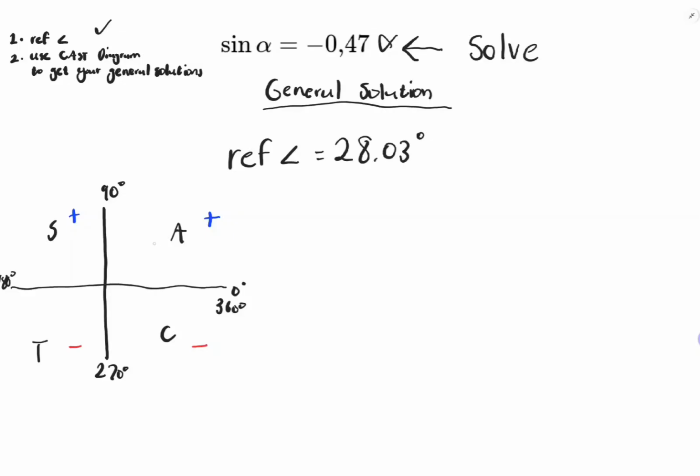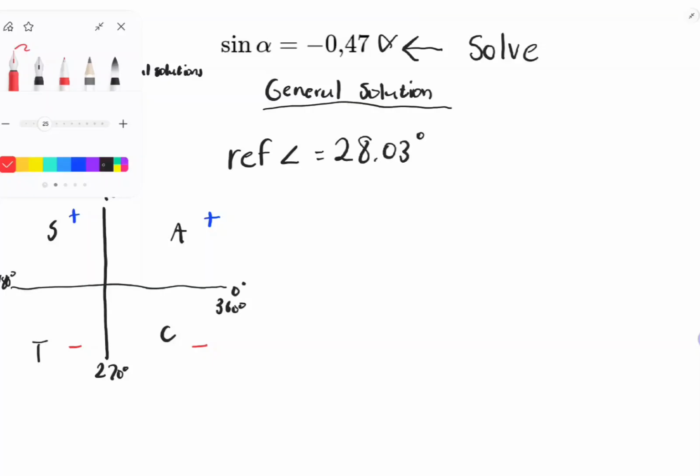In the All quadrant, everything is positive, meaning that cos, sine, and tan are positive. In the Sine quadrant, only sine is positive because it's its quadrant. In the Tan quadrant, sine is going to be negative. So since here we're given negative 0.47, it's going to be in this quadrant. In the Cos quadrant, sine is going to be negative as well because it only belongs to cos. So we have these two quadrants that we're going to work with to get our general solutions.